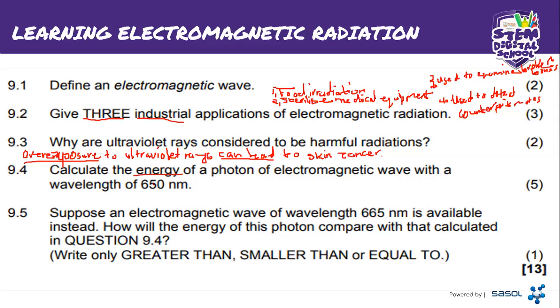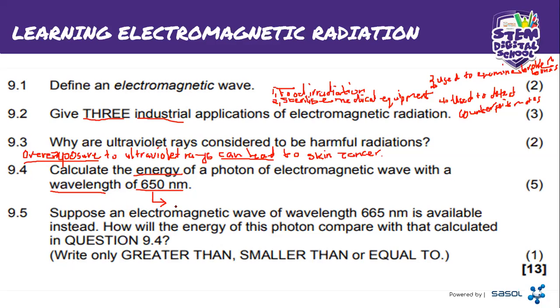In other words, we want to calculate the value of E, the energy of that photon, and we've been given the wavelength in nanometers. So what are we supposed to do there? Firstly, this value has to be converted to meters, because in my formula I cannot substitute my wavelength in nanometers. I have to substitute it in meters.